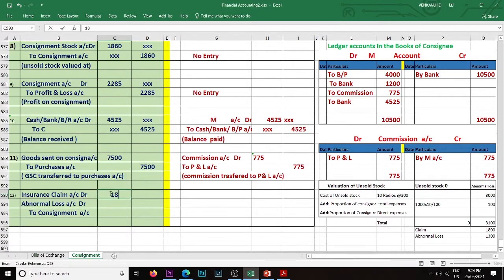Insurance claim he got 1,800. Loss incurred from those 10 tape recorders is 1,300. Total consignment credit is 3,100. 10 tape recorders valued at cost price. Okay, here I wrote radios, which is tape recorders.